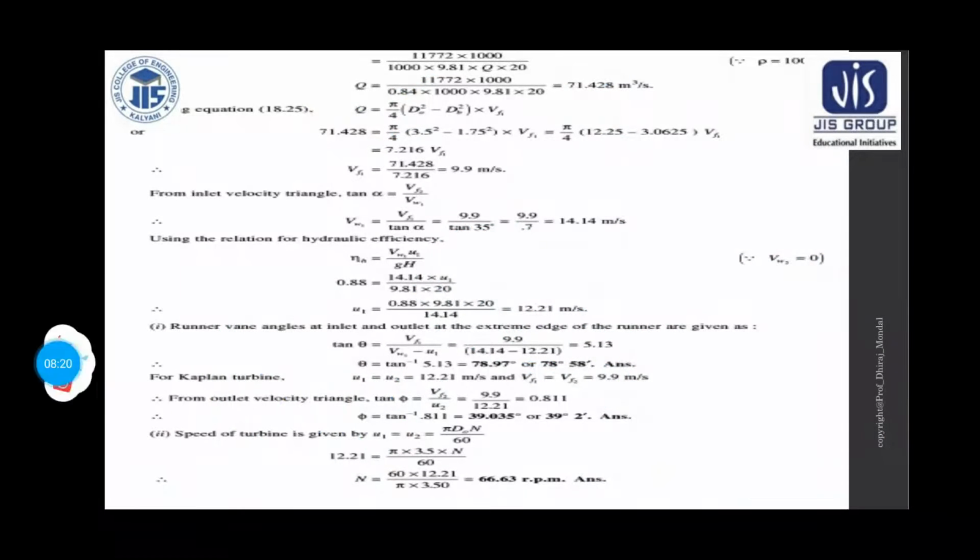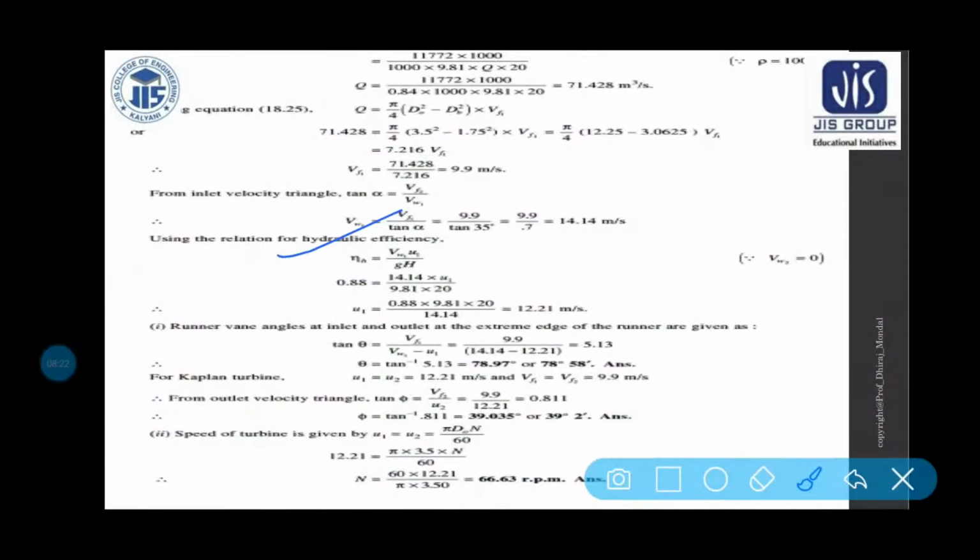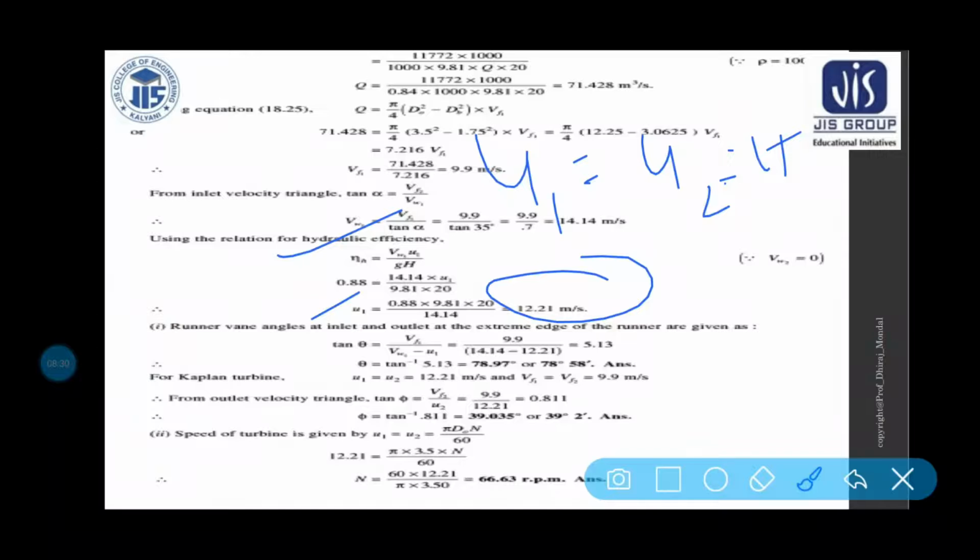So I can find out u1, and just see this equation, u1 is equal to 12.1 meter per second, and u1 is equal to u2 is equal to pi d naught n by 60. As I got u1, can I find out n? Because d naught is given, so from this equation you can find out n.